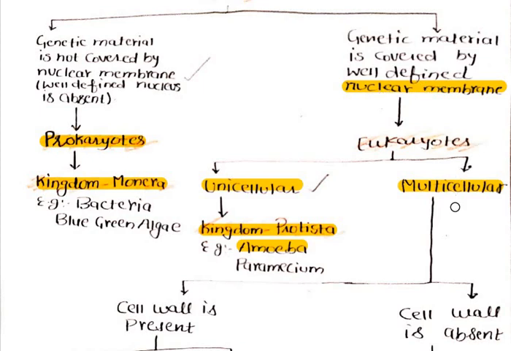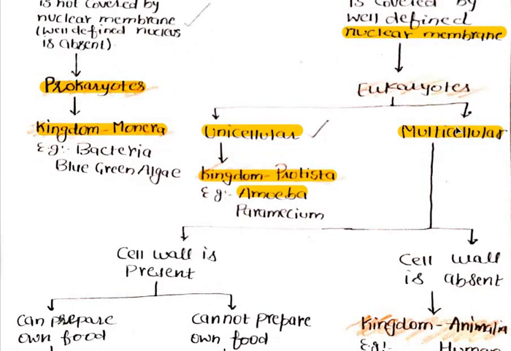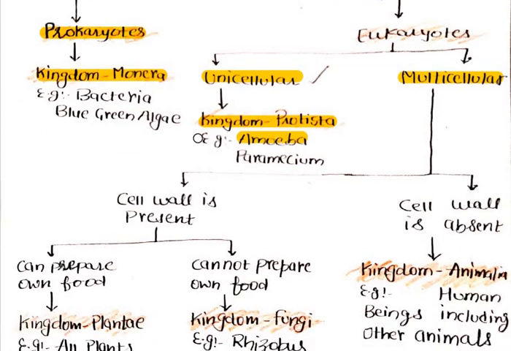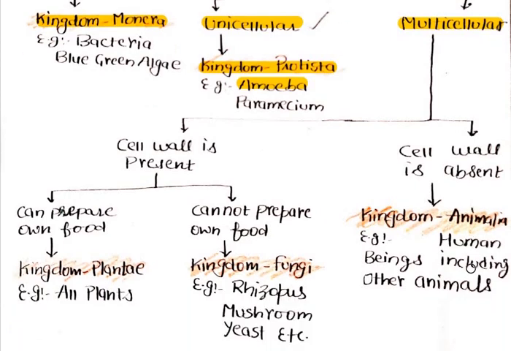Now the next criteria he followed: if the organism was multicellular and eukaryote, then he classified the organism on the basis of presence of cell wall. If you compare the plant cell and the animal cell, you will find that in case of animals, in their cells, the outermost covering is the cell membrane and the cell wall is absent.